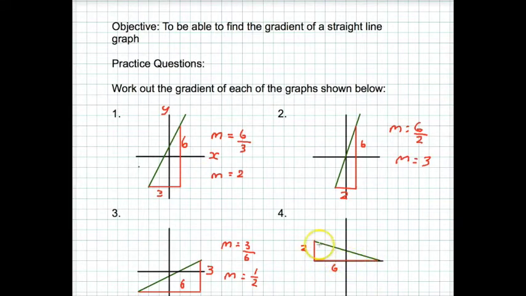Of course it's the difference in y divided by the difference in x, which is 2 over 6, but we're sloping downwards this time, so this becomes a negative gradient. If I simplify this, it becomes negative 1 over 3, negative a third is our gradient. So m equals negative 1/3.